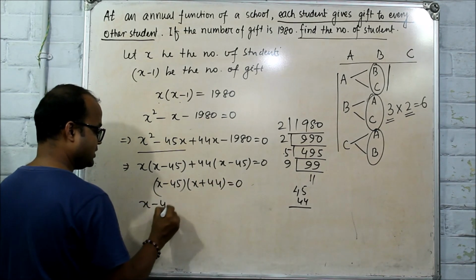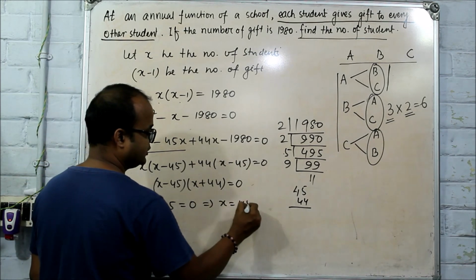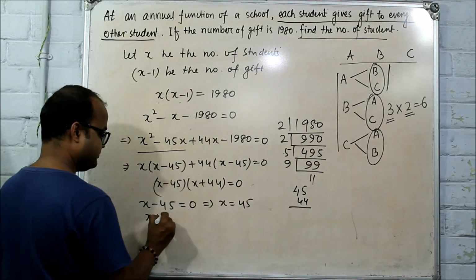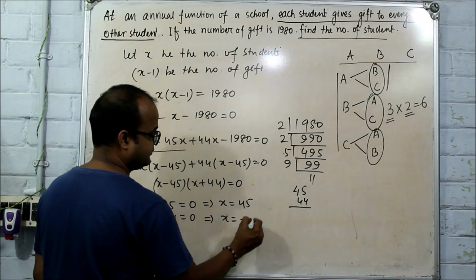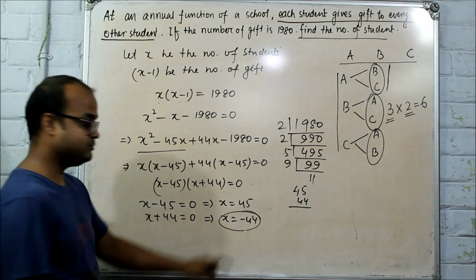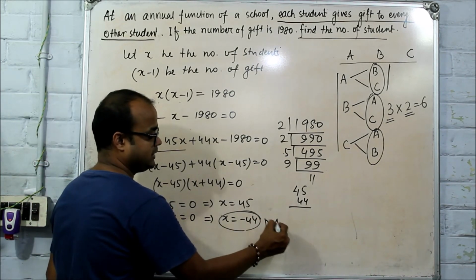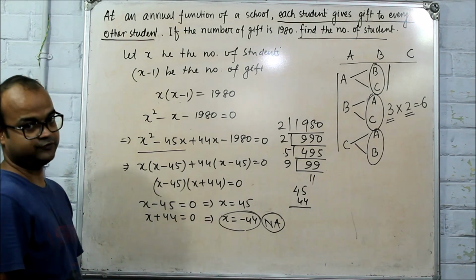So either x minus 45 is equal to 0, so x is equal to 45, or x plus 44 is equal to 0, which implies x is equal to minus 44. The number of students cannot be negative, so this solution is not applicable. So the number of students is equal to 45.